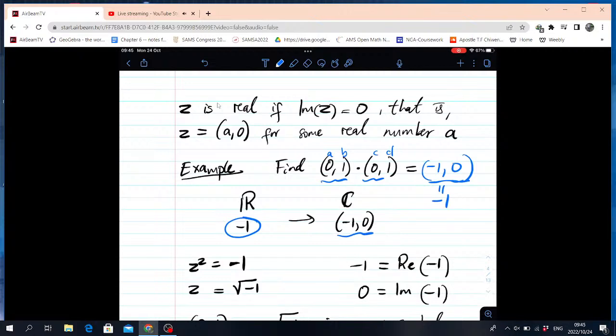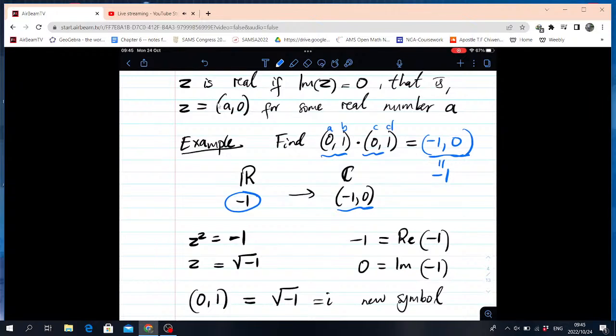But what actually happens is, if you think of (0, 1) as a complex number, z, what we have found is that z squared is equal to -1, because that's what we found out. But if z squared is equal to -1, what it means is z is going to be equal to the square root of -1, right?